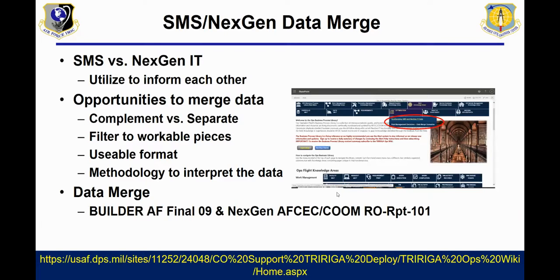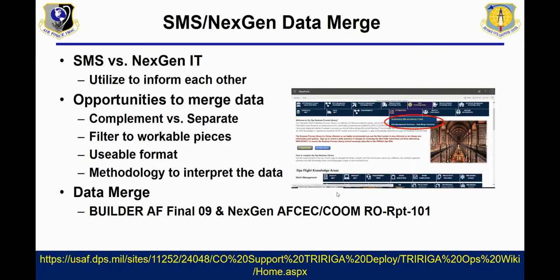So the data merge, we'll start off with that, is basically, in very simplistic terms, it takes a couple of standardized reports, one from Builder and one from NextGen. We merge them together, add some columns to try and help group different areas to where we can drill down and focus in, and then we put it into a pivot table.